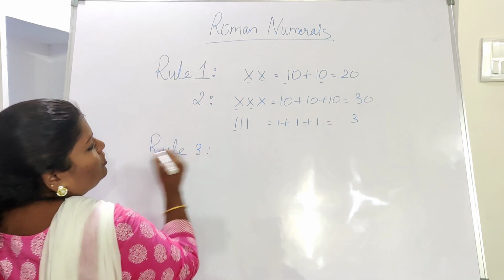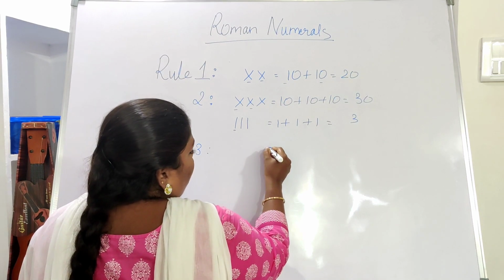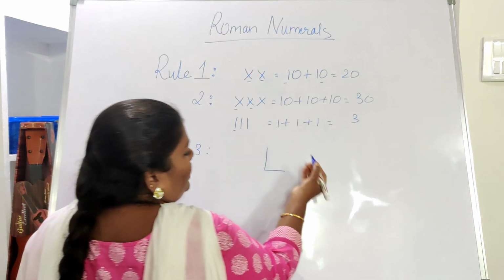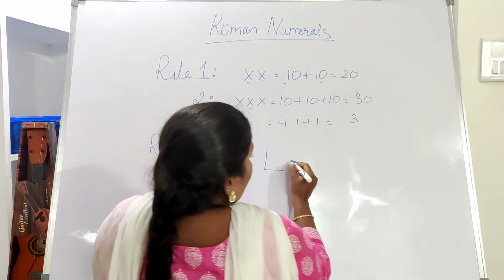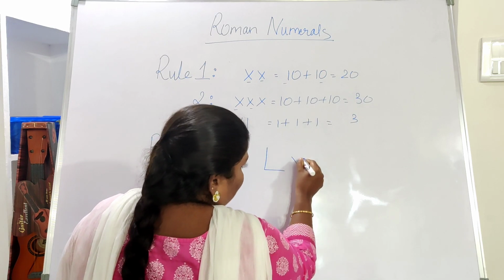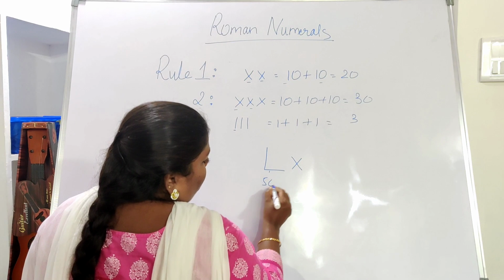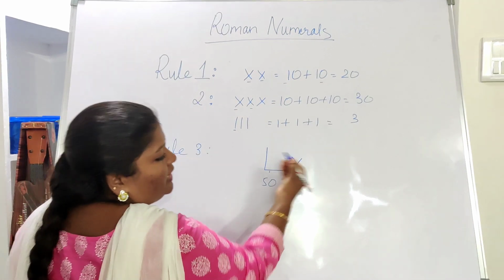Rule 3. Rule 3 says if any letter, for example L, has a smaller value written to its right side, for example I take X. The value of L is 50, the value of X is 10. So the smaller number is written to the right side.